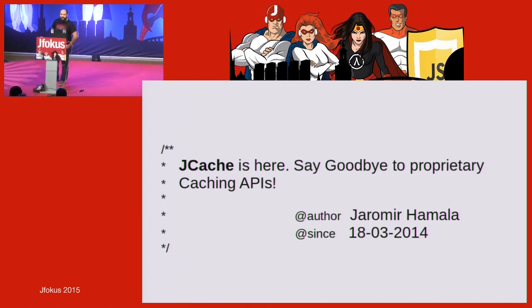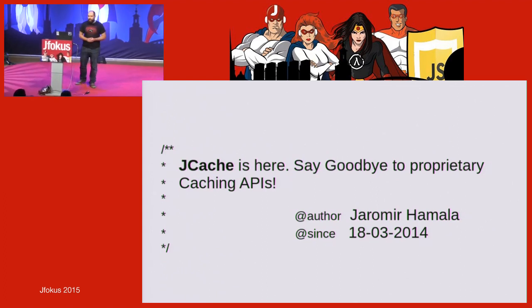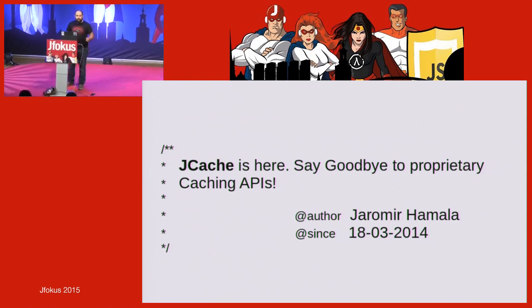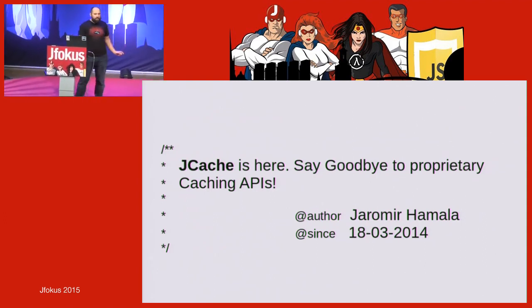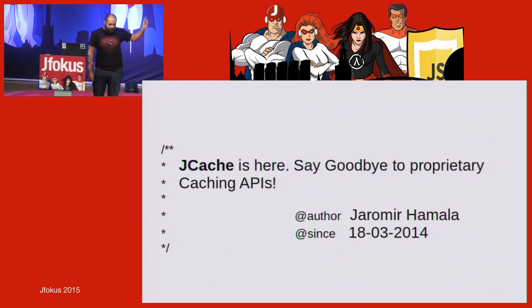Hi guys, I'm glad to be here and I'm very glad to see so many of you interested in the JCache API. That's great. So the title of my talk is JCache is here, say goodbye to proprietary caching APIs. The first part, that's the truth and that's a hard fact.